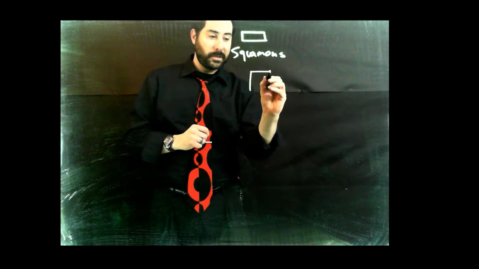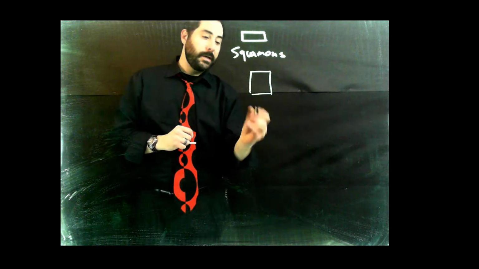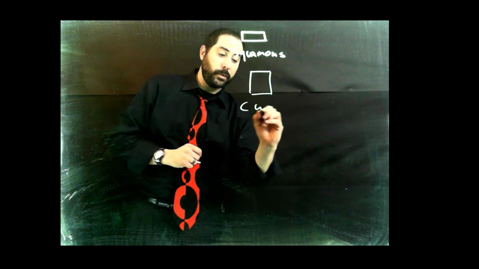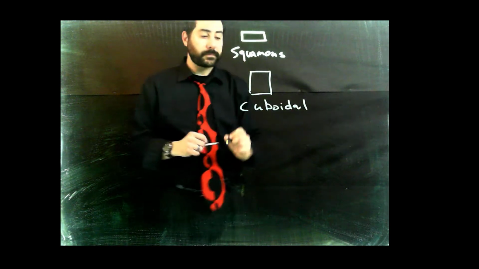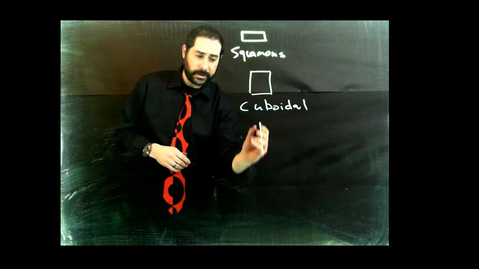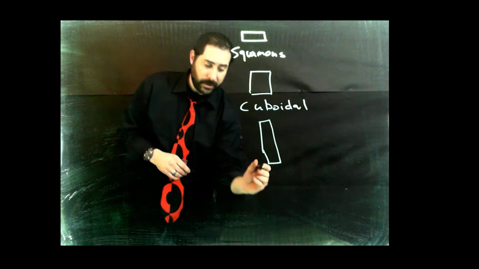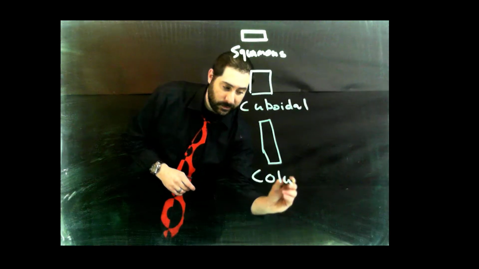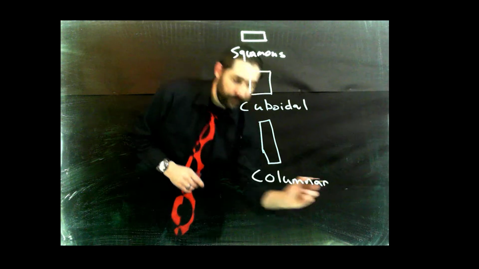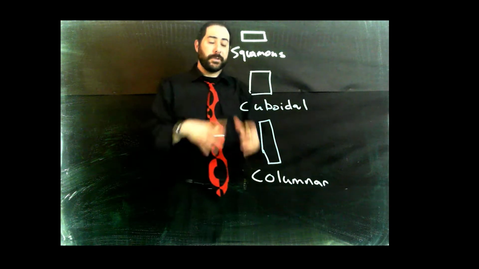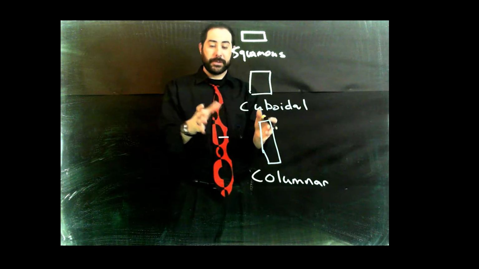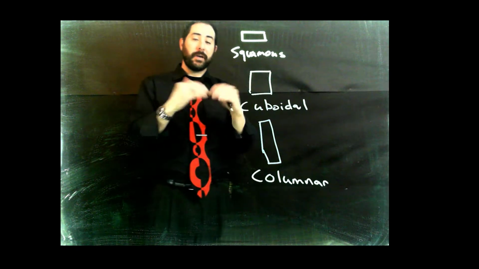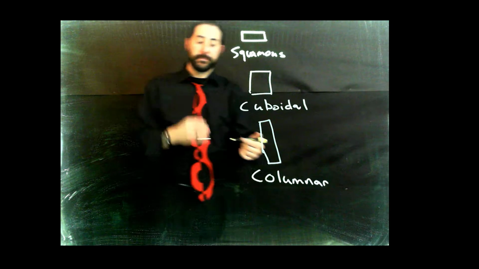They can be square shaped, and we call this cuboidal. Or they can be rectangular shaped like this, and we will call this columnar. So this is the first way we're classifying epithelial tissue that is either covering or lining the body.